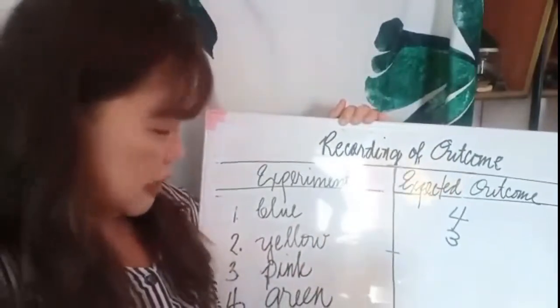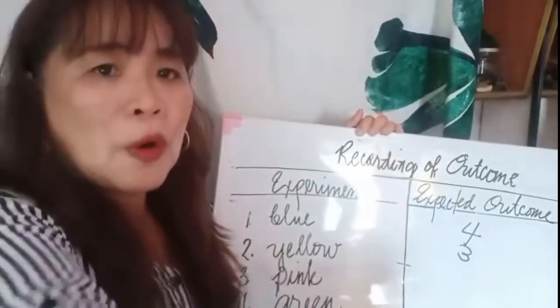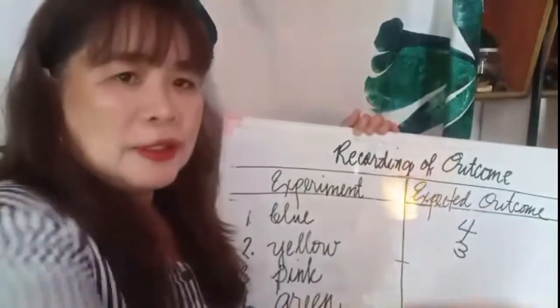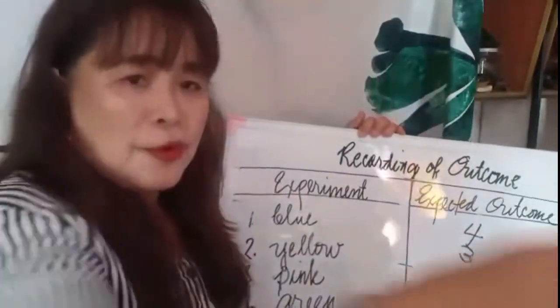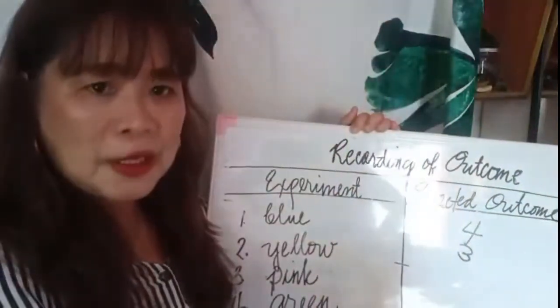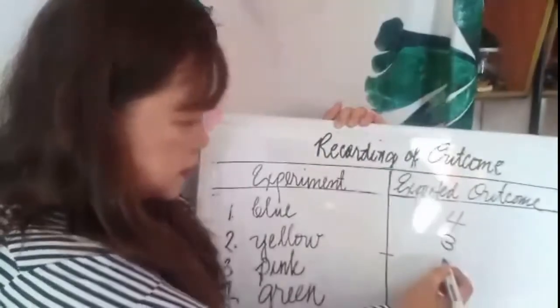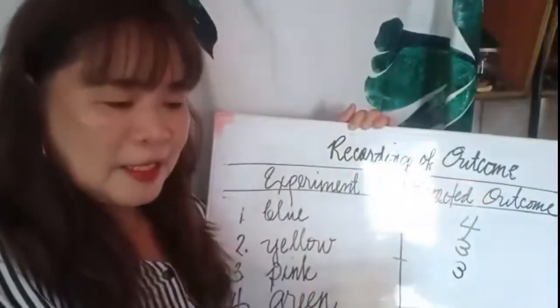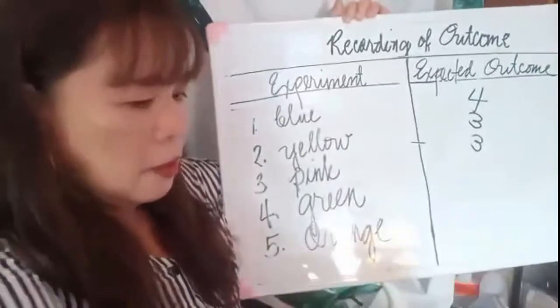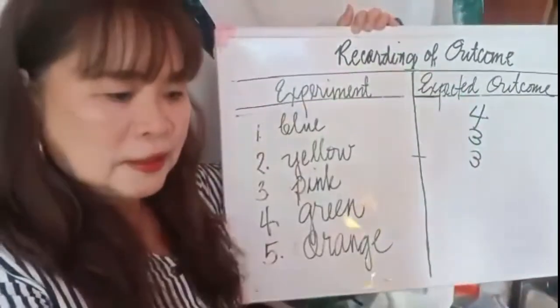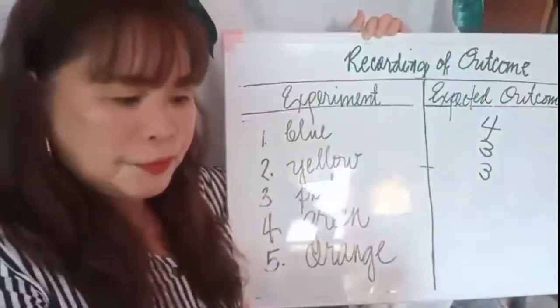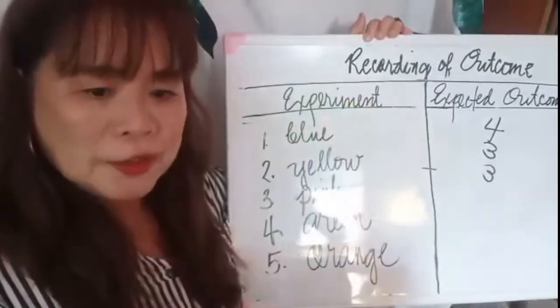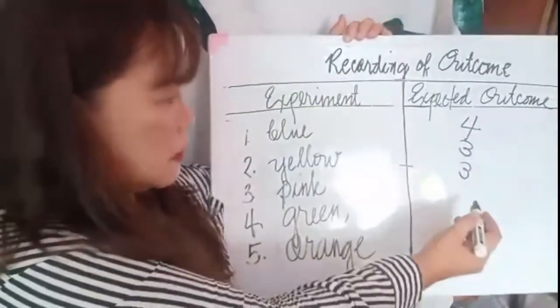Okay, next. The pink one. Pink balls. 1, 2, 3. So there are 3 pink balls. And then the next one, the green balls. 1, 2, 3. So there are also 3 green balls.